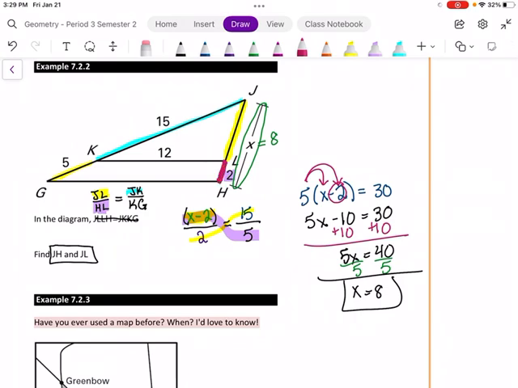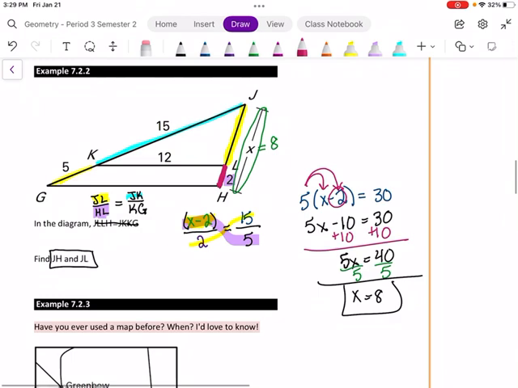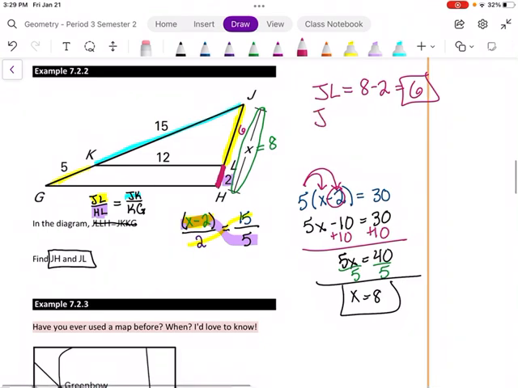So to find JL, we're going to take 8 minus 2, which is going to be equal to 6. And JH we know is equal to 8. And there's our answers.